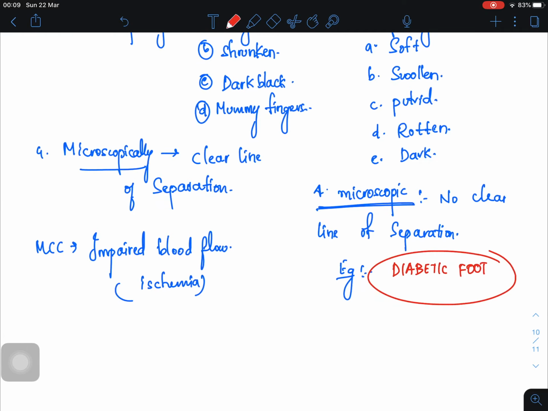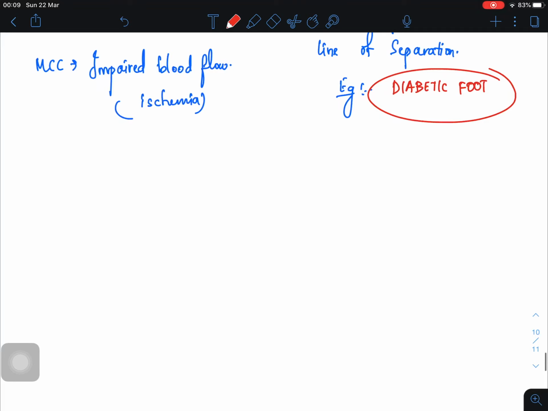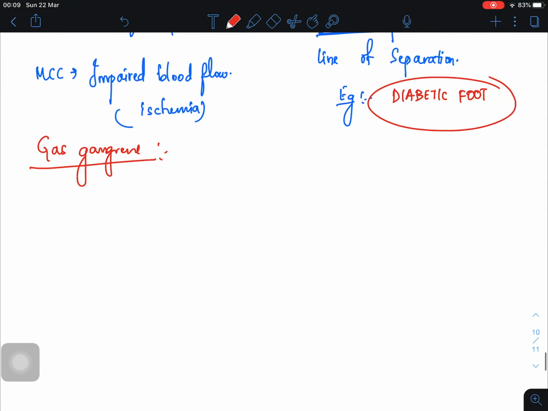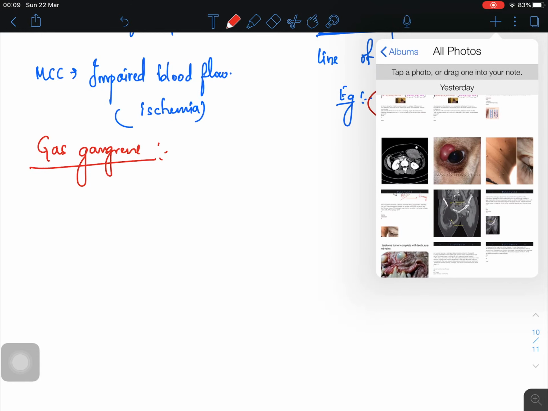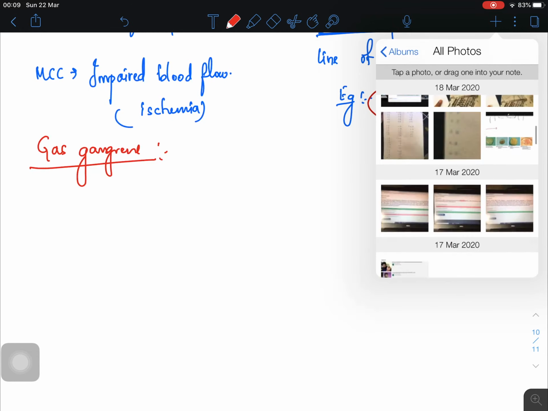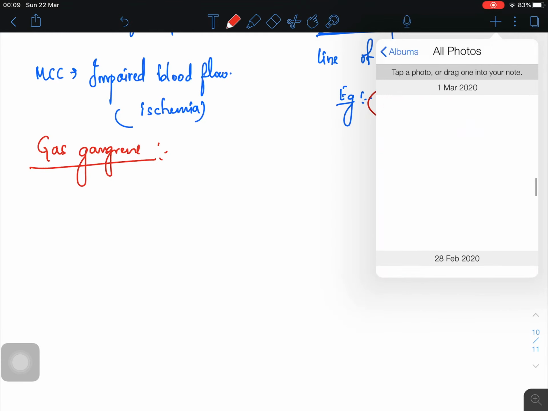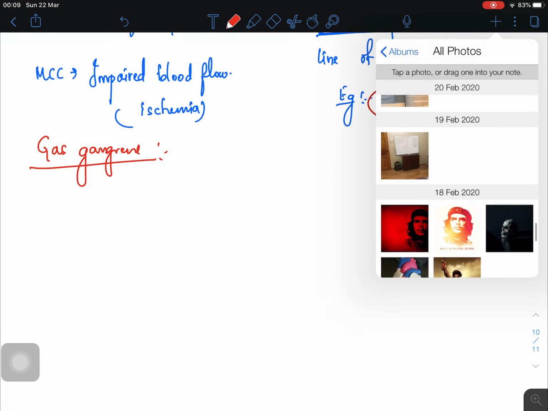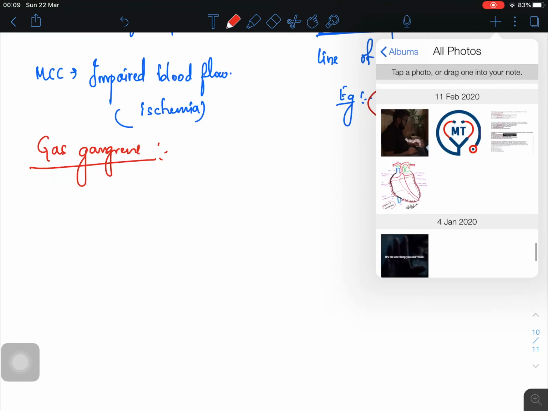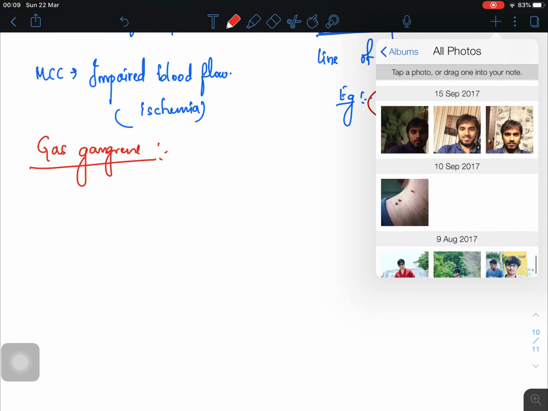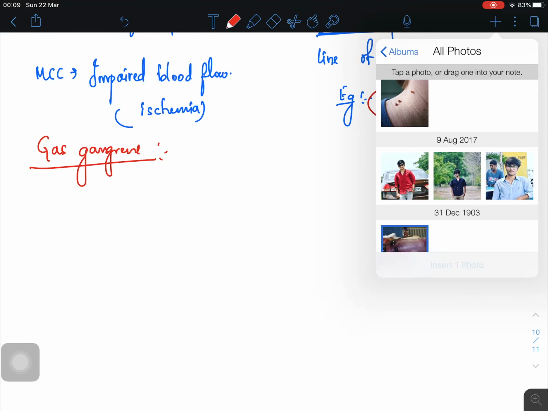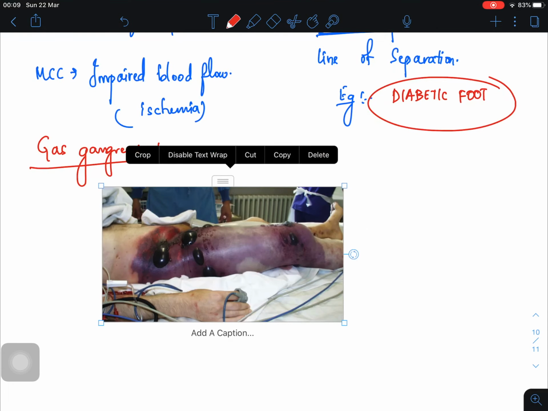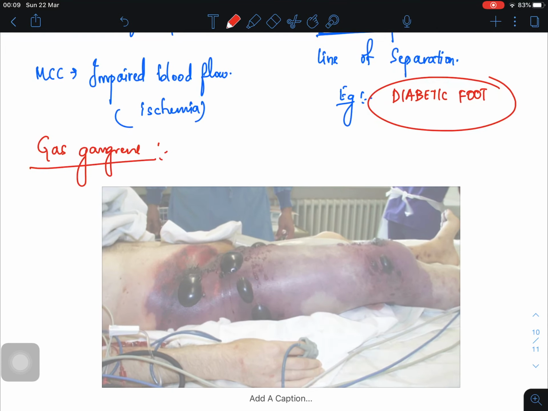Clear? Now after this, as I already told you, there is another gangrene called gaseous gangrene or gas gangrene. Let me show you the picture of gas gangrene. You see this?